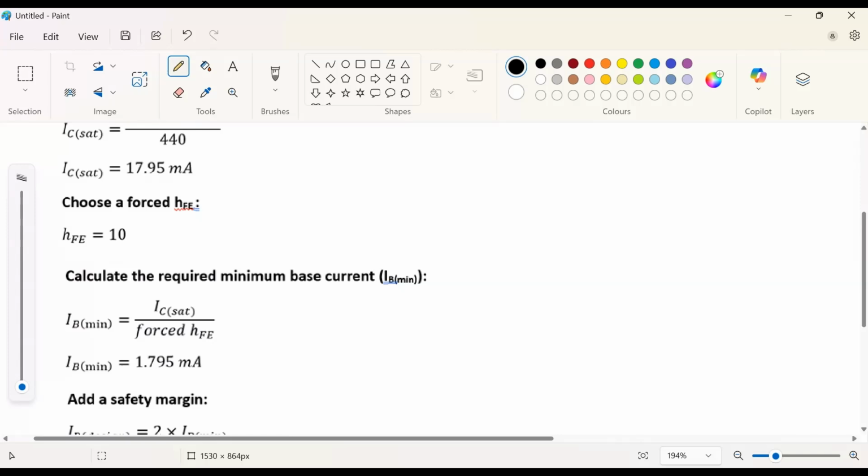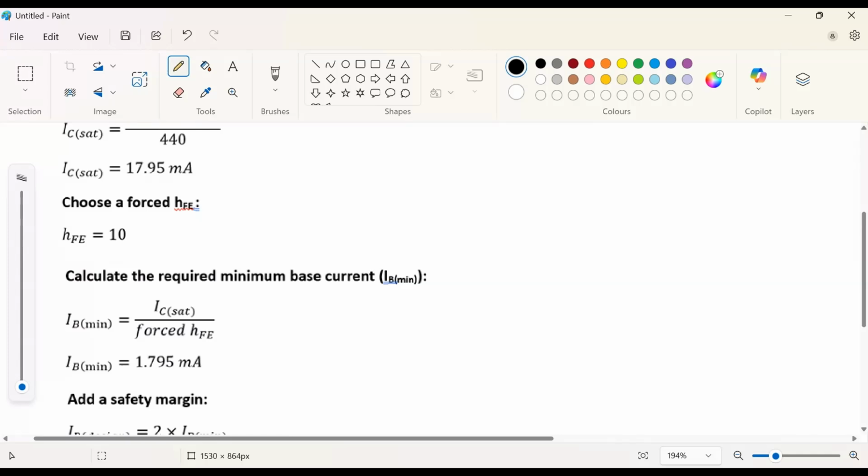Then in order to keep the transistor in saturation, we need to choose a forced beta value of 10. Forced beta here is HFE. We can find it from the data sheet. Since we want the transistor to operate in the cutoff and saturation regions, we are choosing this HFE of 10.